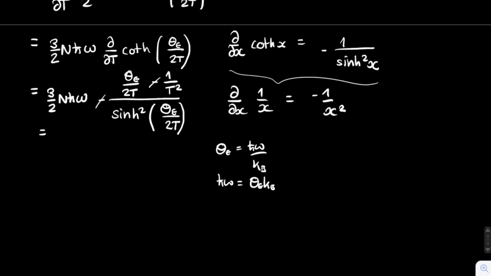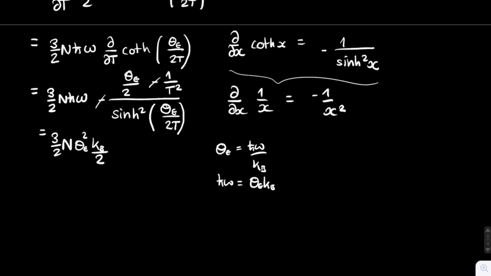So we can substitute that in. So 3/2 N, instead of ħω, we're going to write θ_E multiplied by k_B. We've got another θ_E here, so this is going to become θ_E squared divided by 2T. There shouldn't actually be a T there. I do apologise, I'll put a caption or something. So we've got that.